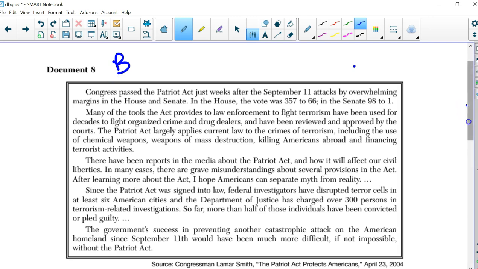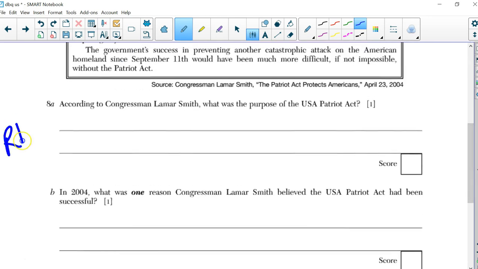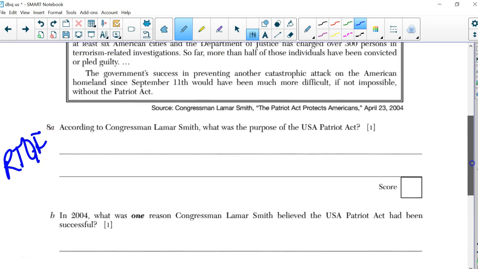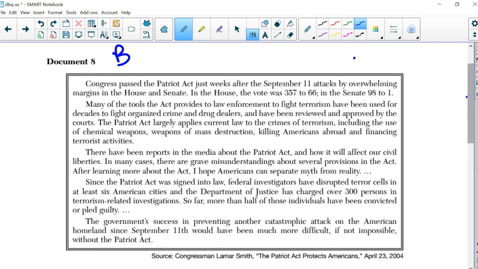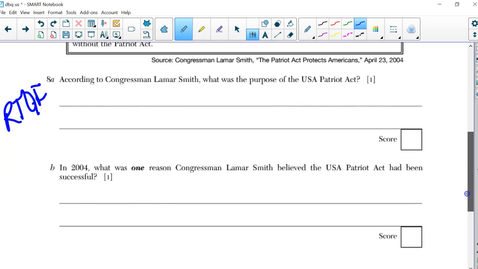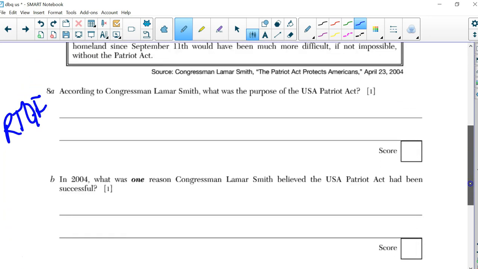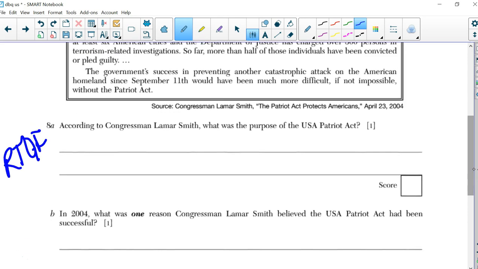What do we always do first? We always read our question first. This one has two questions, rather. It's document 8. It gives you a blurb of text, and then it asks you 2 questions about this one blurb of text. According to Congressman Lamar Smith, what was the purpose of the USA Patriot Act?